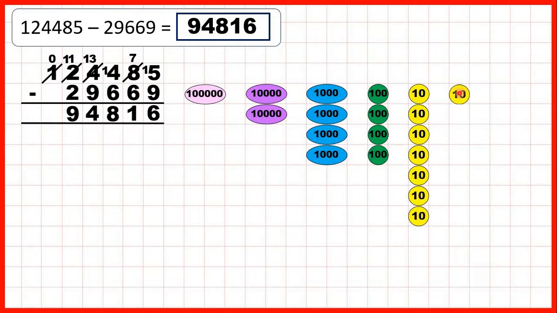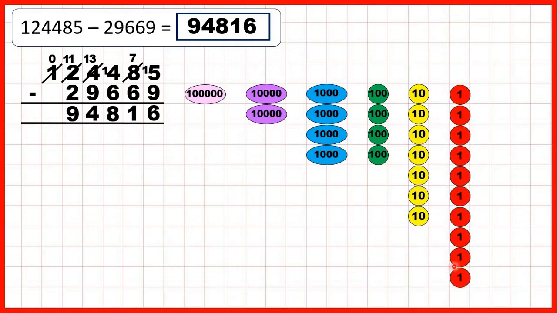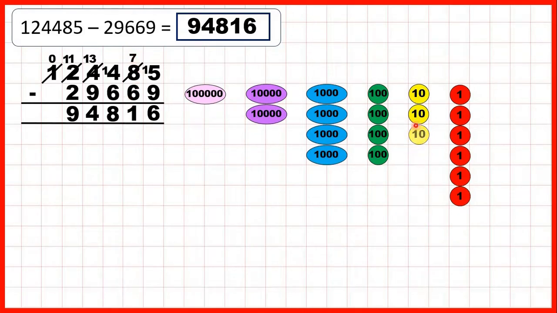Then we can exchange one of our tens for 10 more ones. Then we can subtract the rest to get 6 ones in our answer. So now, because we've exchanged, we only have 7 tens, and we can take 6 tens away. That's 1, 2, 3, 4, 5, 6, to get 1 as the tens digit of our answer.